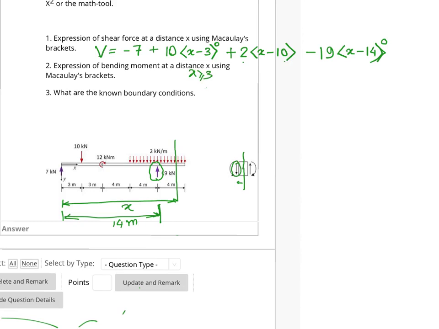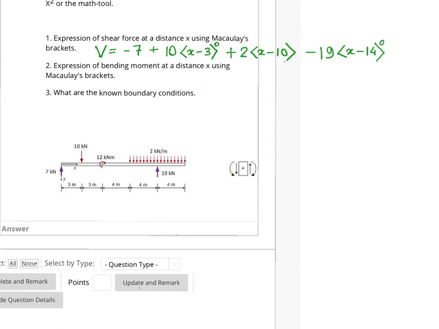Now, the load itself is 10, so although it looks like a multiplication sign, we used the power 0. The third term is valid for x greater than or equal to 10 meters, and the actual shear force is 2 times the distance. And finally here is 19 times x minus 14 to the power 0, as just mentioned.